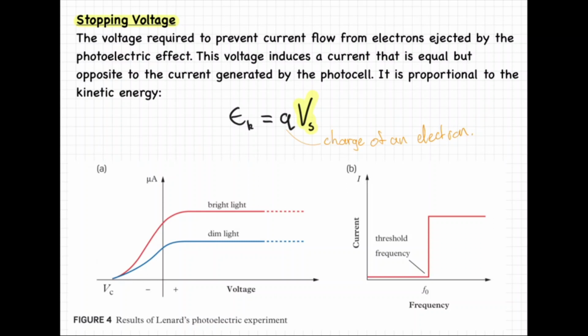But realistically, when there is basically no current, you can start increasing your frequency until, past the threshold frequency, all of a sudden there is a set current. Increasing your frequency further does not increase current, but it does increase what? In the electrons, their kinetic energy.